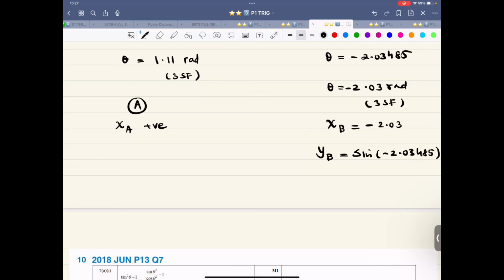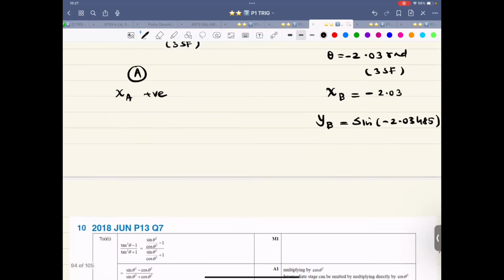And let me evaluate sine of this. Okay, I think I just pressed the wrong button. Sine of negative 2.03485. So this is 0.894 negative.